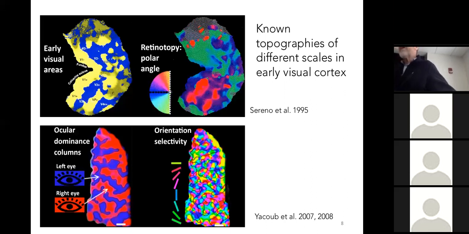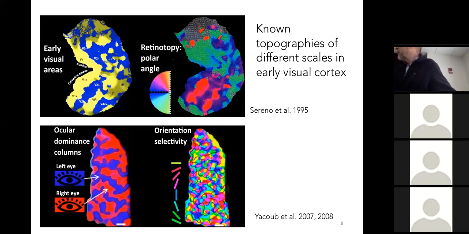But there are finer scale topographies as well that are multiplexed with this retinotopic topography. So this is a patch of cortex from V1. This map was developed from fMRI data taken with a 7 Tesla magnet at the University of Minnesota, by Kube, Uberville and company.